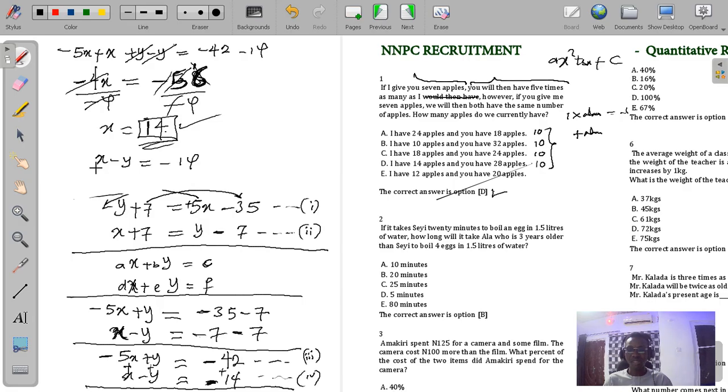Since x is 14, you slot it here: 14 minus y is equals to minus 14. If I decide to collect like terms here, please take note, this minus is for y. It's not that you take this one to the other side and then forget the minus and just write y. Be very careful of signs when it comes to math. So 14 will move to the right hand side of the equation.